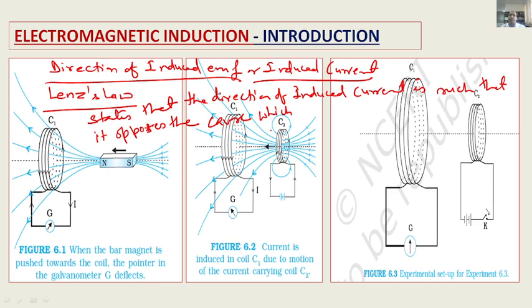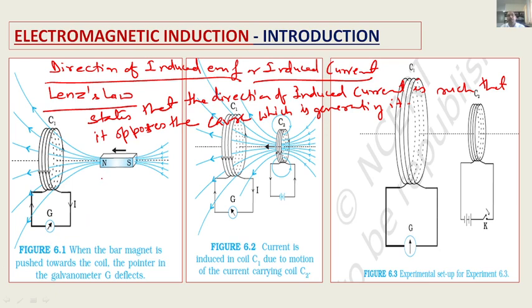So the direction of induced current is such that it opposes the cause which is generating it. Right? Means it will be in opposite direction.